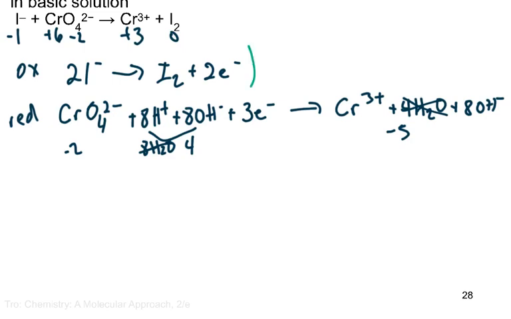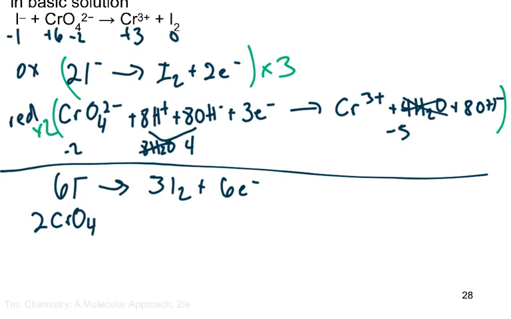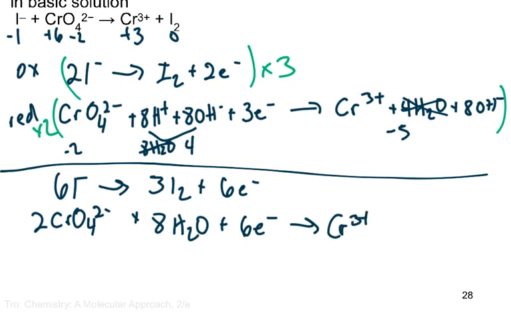So I will multiply this one times 3, this one times 2, getting me 6I- goes to 3I2 plus 6 electrons, then 2CrO4 2- plus 8 water plus 6 electrons, 2 and 16.